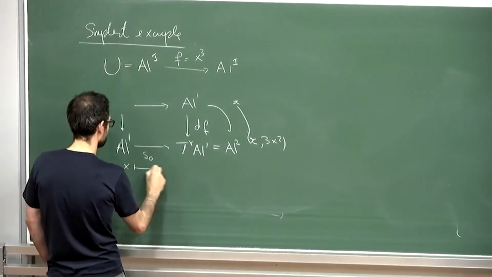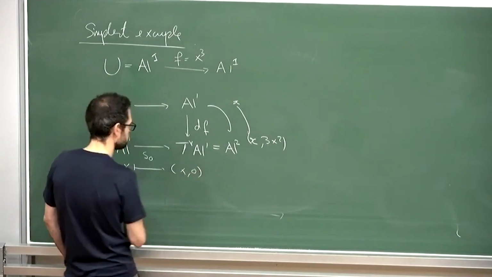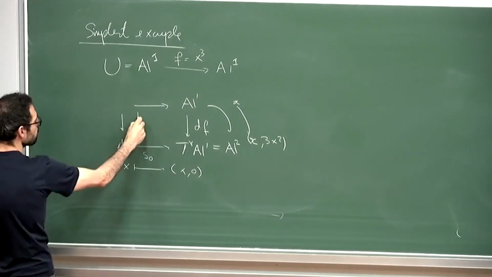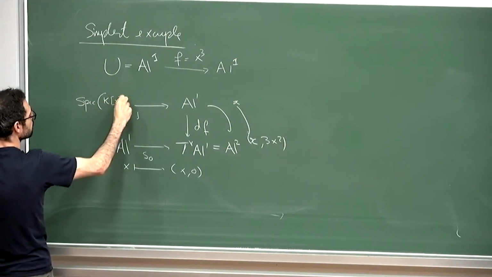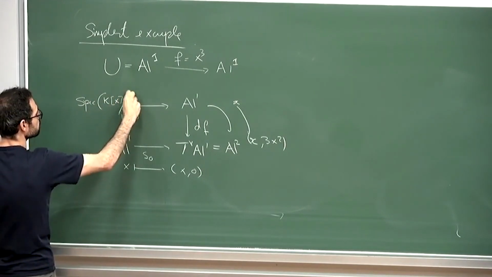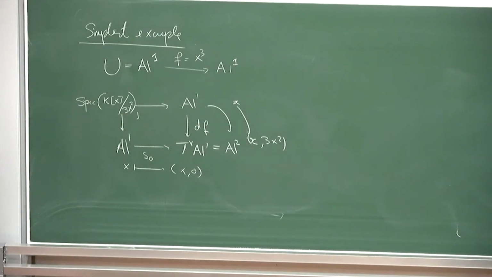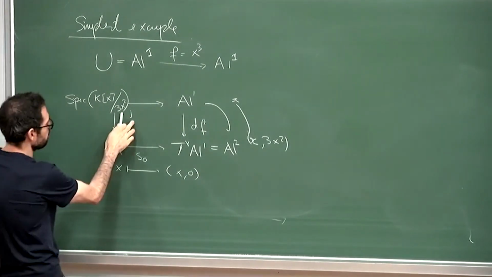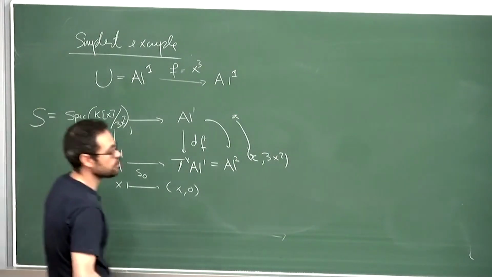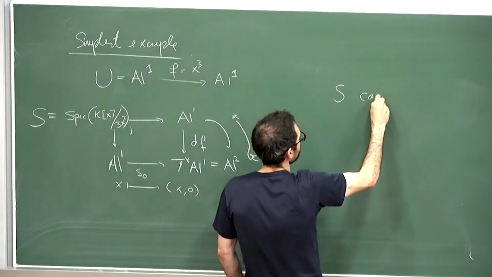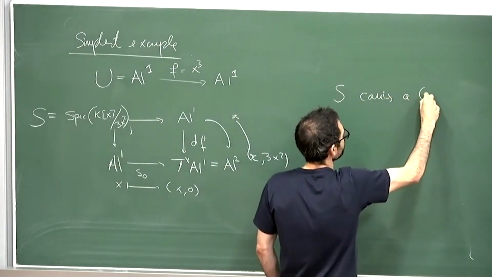And here it sends x to x, 0. So what I get as an intersection is just the spec of k[x] divided by 3x squared. Of course, this is actually a derived intersection. But it doesn't matter. Let's call it S. This is a scheme. And I claim that this scheme carries a -1 shifted symplectic form.